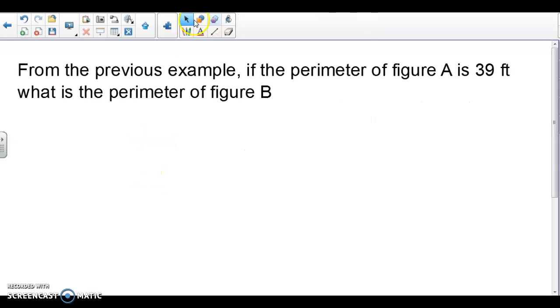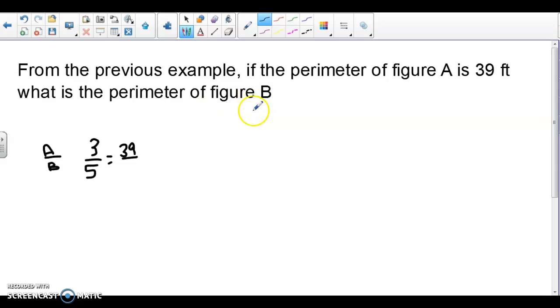Remembering that 3 to 5 was the ratio of the perimeters, the ratio of perimeter A to B is 3 to 5. So from the previous example, if the perimeter of figure A is 39 feet, what is the perimeter of figure B? If I put this equal to 39, because 39 is the perimeter of figure A, well, I don't know what the perimeter of figure B is, so I'll put x on the bottom.